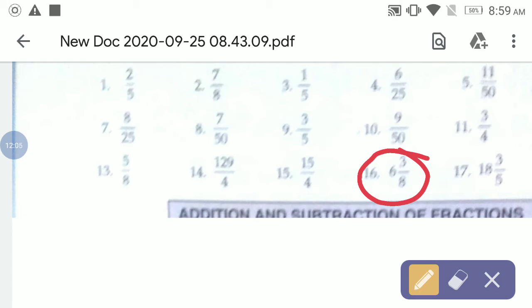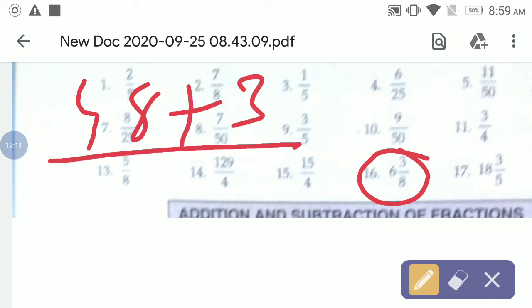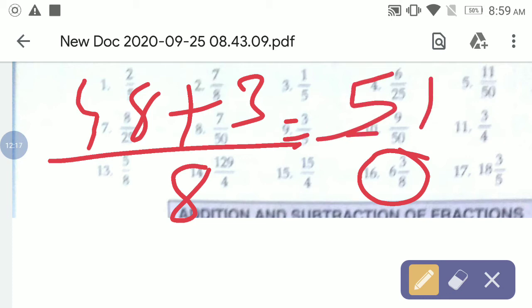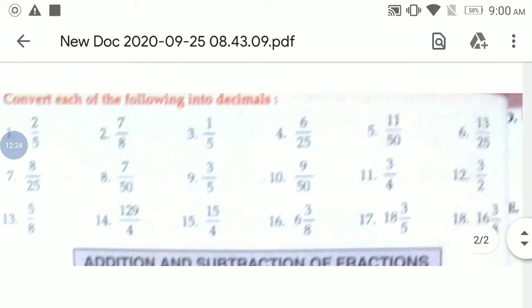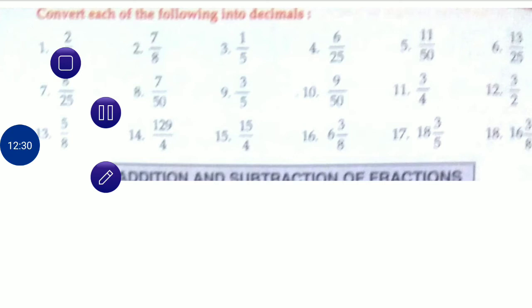That will be 8 6s are 48, 48 plus 3 upon 8. That will be equals to 51 upon 8. So as we have the fraction 51 upon 8.